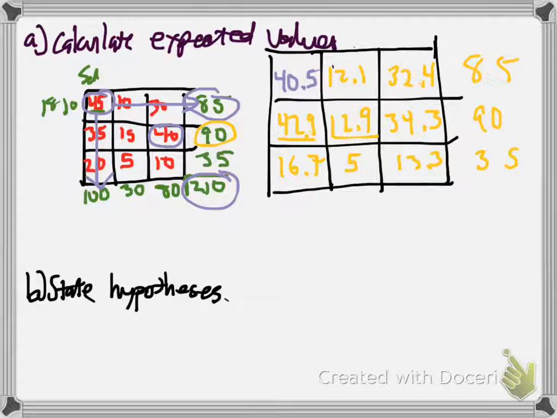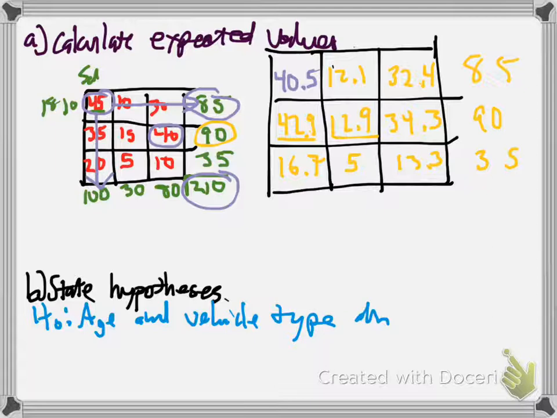State the null hypothesis if you want to pause it and give it a shot. If not, I'm going to answer it right now. The null hypothesis should be that age and vehicle type driven are independent.